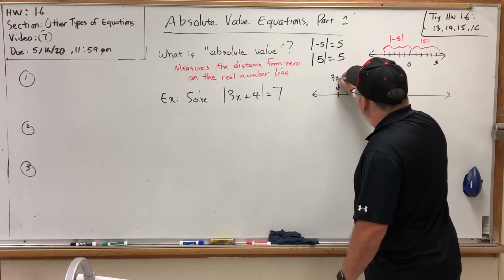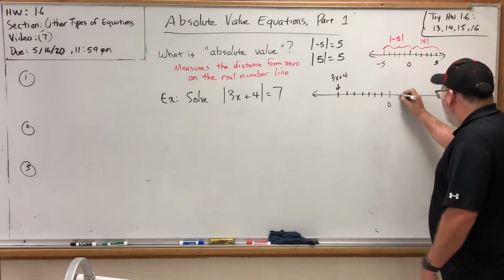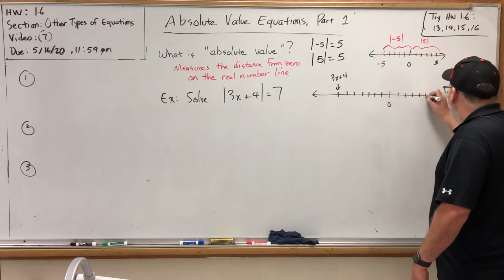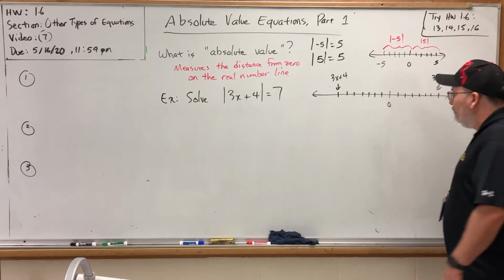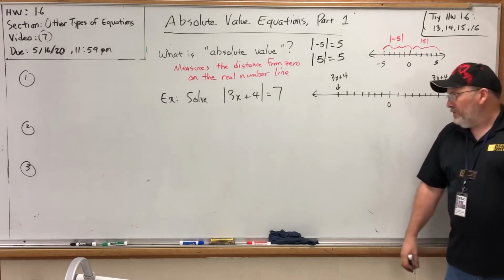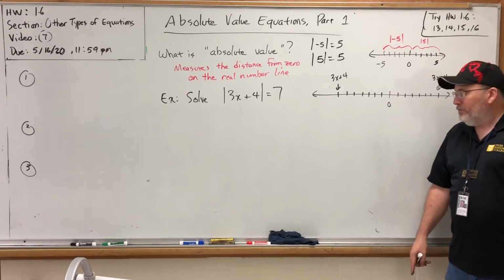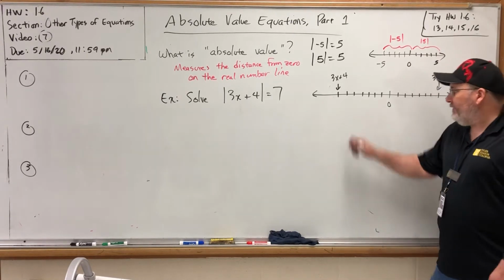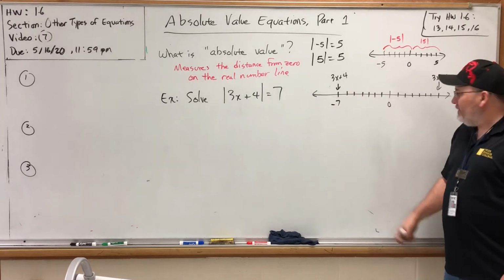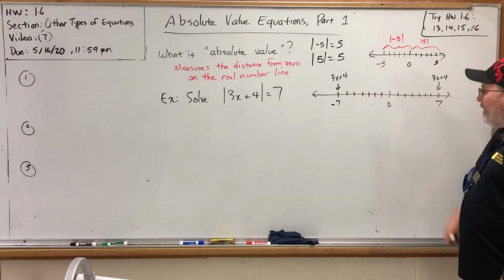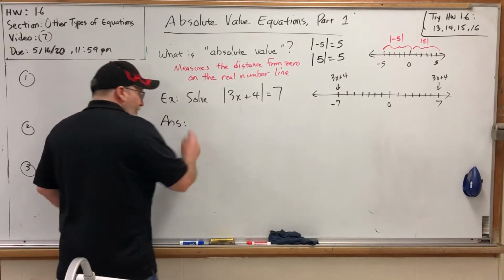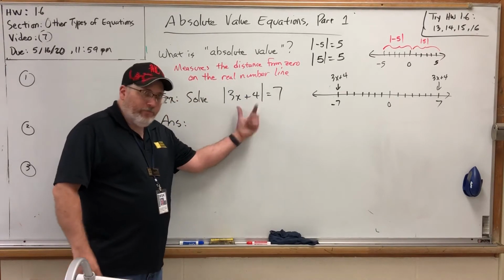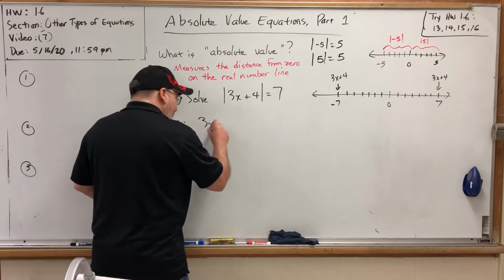Either 3x plus 4 is there, or 3x plus 4 is there. Well, wait a minute. What numbers live here and here? Well, the number 7 spaces to the left of 0 is -7, and the number 7 spaces to the right is +7.